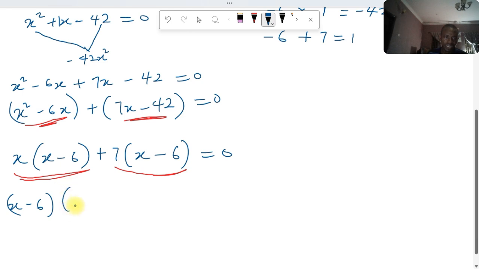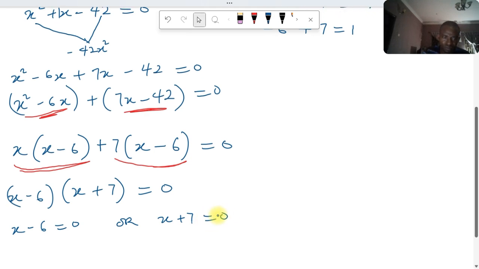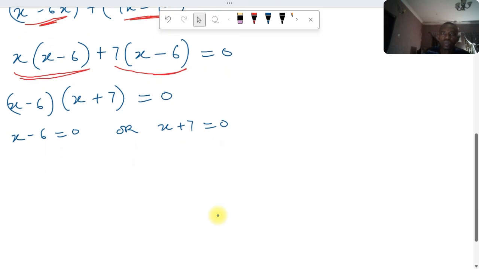What is left here is x, and what is left here when this one was gone is 7, equal to 0. So it's either I have x minus 6 to be 0, or I have x plus 7 to be equal to 0. So if I decide to bring this to the other side, I'm bringing 6 to this side, and I'm also bringing 7 to this side.